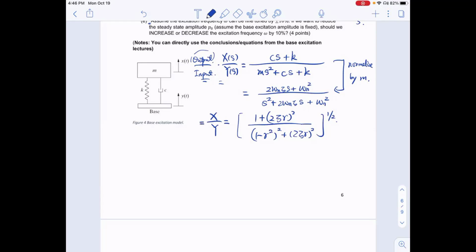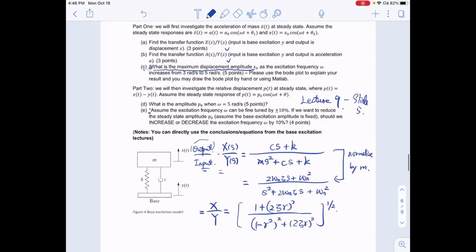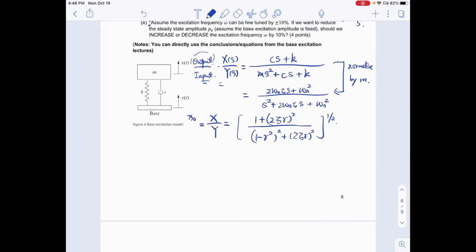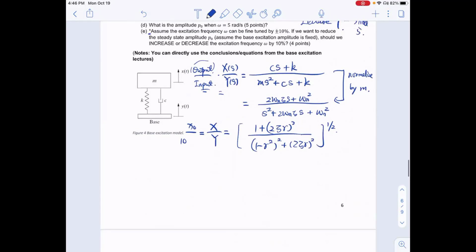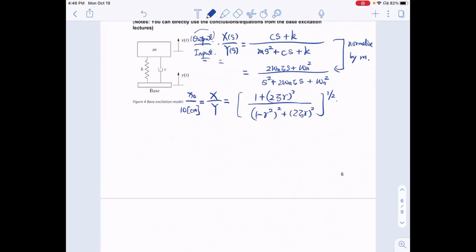So let's look at what's the amplitude here. We have our output amplitude x naught, that's something to be found, and then we know that the input amplitude is 10. What's the unit? 10 centimeter. Okay. So then we already know this ratio in terms of zeta and r.